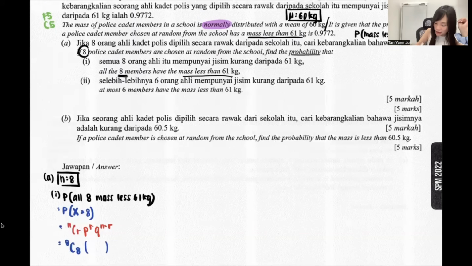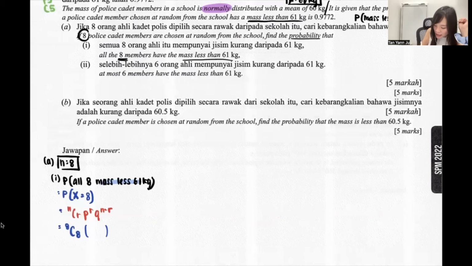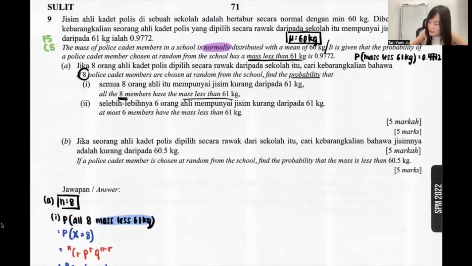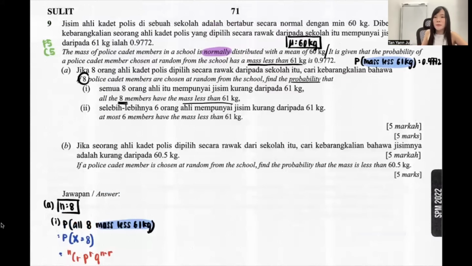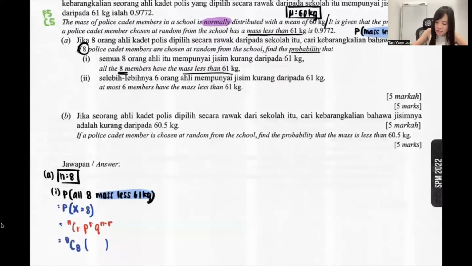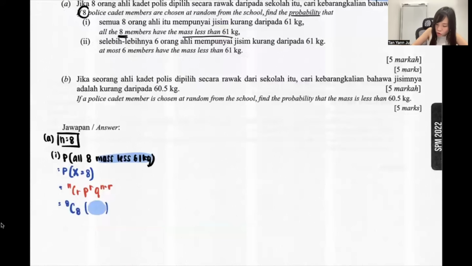But now they want 8 people to have a mass less than 61 kg. That means the probability for mass less than 61 kg is success. So now your success is here. The probability for mass less than 61 kg is 0.9772, so here you should put 0.9772, and I have 8 of them.